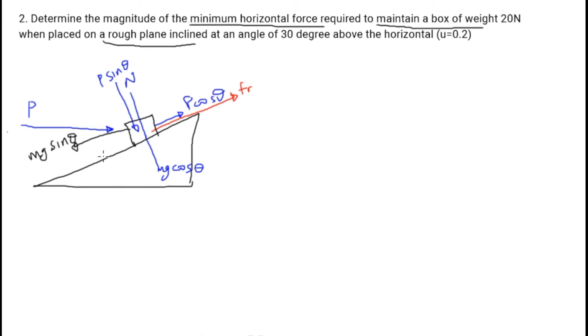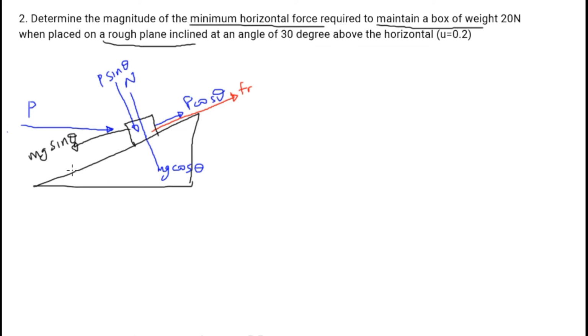Why? Because the force P that is being applied is just stopping the object. It's not pushing the object up the inclined plane. So the object still tries to come down the inclined plane, since the force that is applied is not taking it upward.